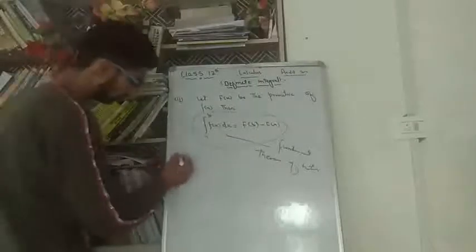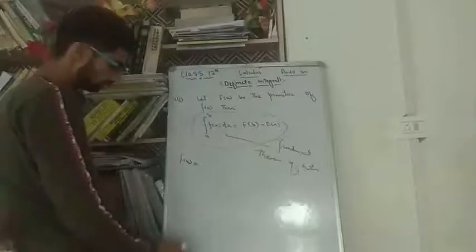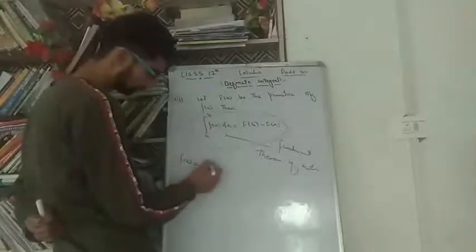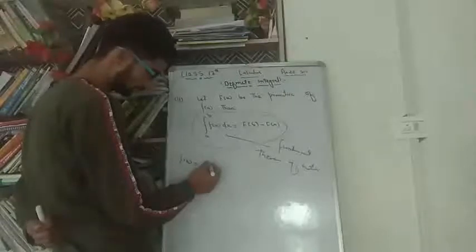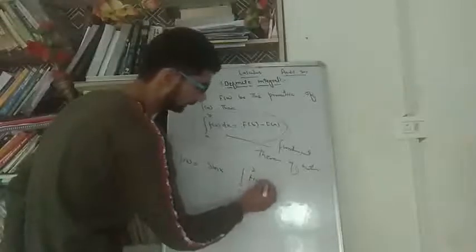But if we have a function f of x equal to sine of x, now we have to find out the integral from 1 to 2 of f of x dx.